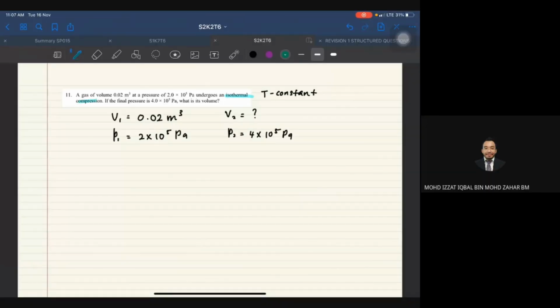Okay, kamu nak pakai apa ni untuk selesaikan dia? P1V1 equals P2V2. Okay, very good. So this one, you can see that the T is constant. So kalau dia tanya pasal work, kamu kena pakai equation work lah. Kalau dia tak tanya pasal work, macam yang ni dia kata cari final punya pressure ataupun volume. Di volume. So you have to use the triangle. PVT, T is constant. So you have PV equals to PV.